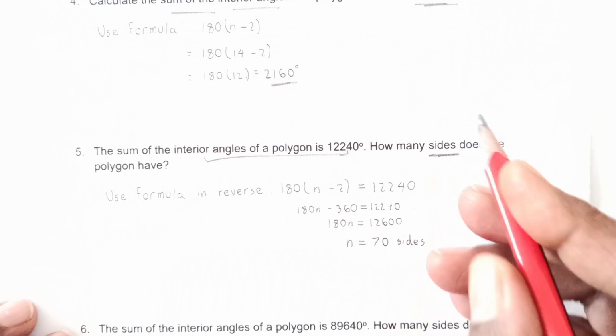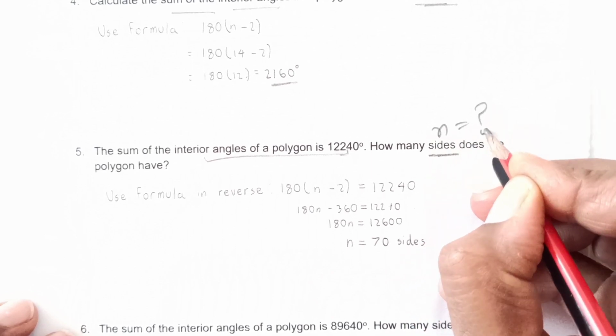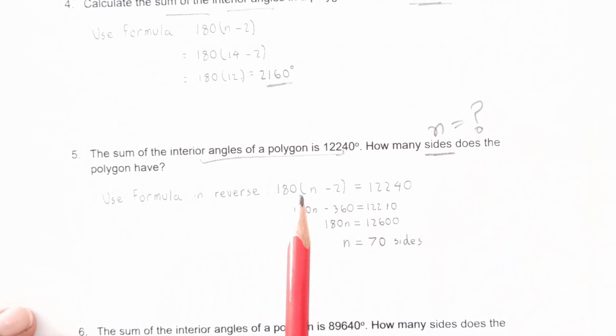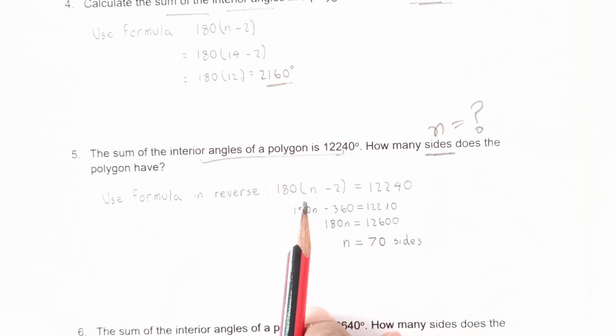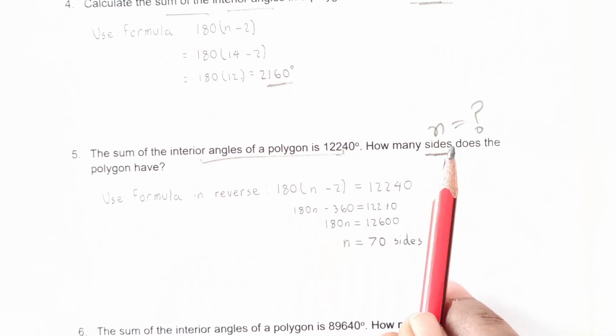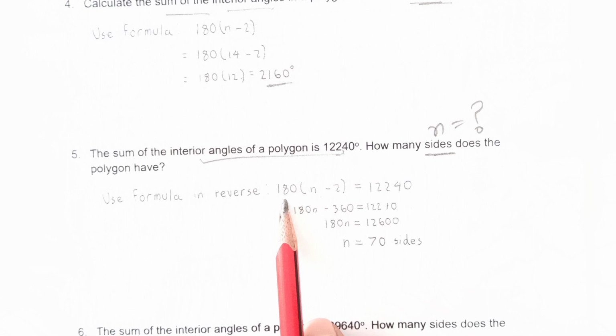Now number 5, the sum of the interior angles of a polygon is 12,240. Now we are given the sum, so how many sides? That means we need the value of n now, right? We use the same formula, 180 times n minus 2 equals 12,240. 180 times 2 is 360.